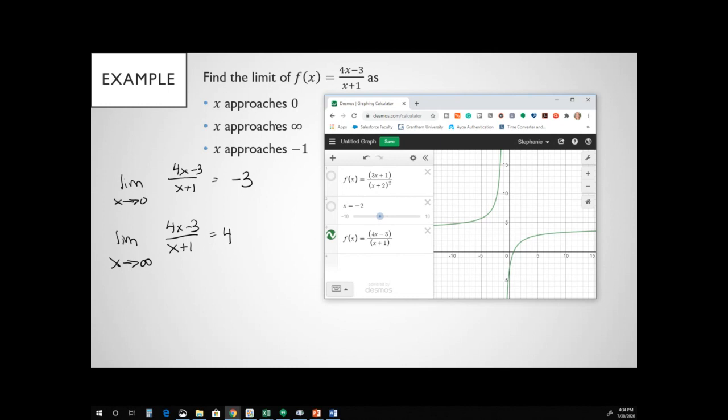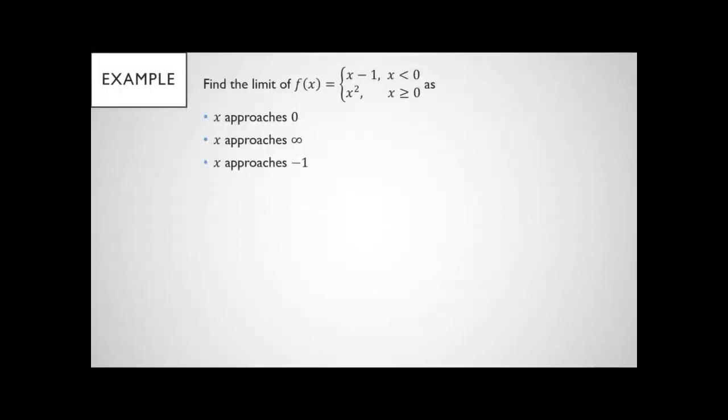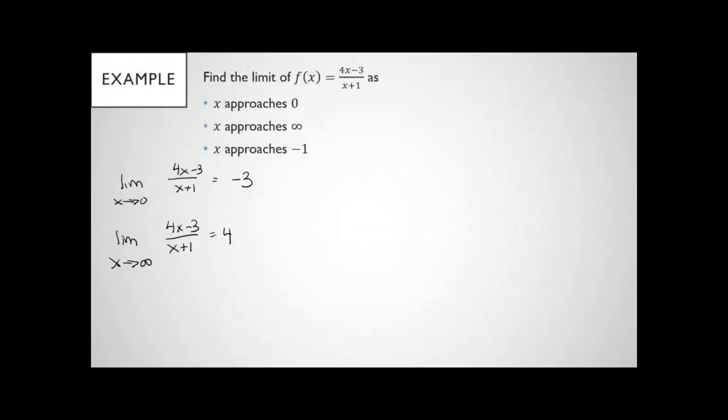If your question is asking about it approaching a number and does not specify whether it's a left side or a right side, you have to assume it wants both sides. And in this case, because both sides don't match, they're going in opposite directions, this is what we call the limit that does not exist. So we have the limit as x goes to -1 of (4x - 3) over (x + 1). And what you write is DNE.